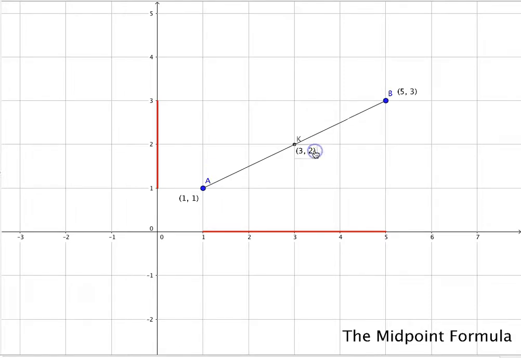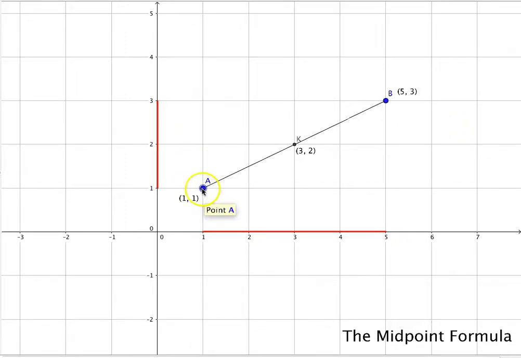And if you think about it, look what we have here. The distance that we traveled in the x direction, we traveled from 1 to 5. And so the distance there was 4, and half of that is 2. Okay? So the distance there is 4, and half of it is 2.